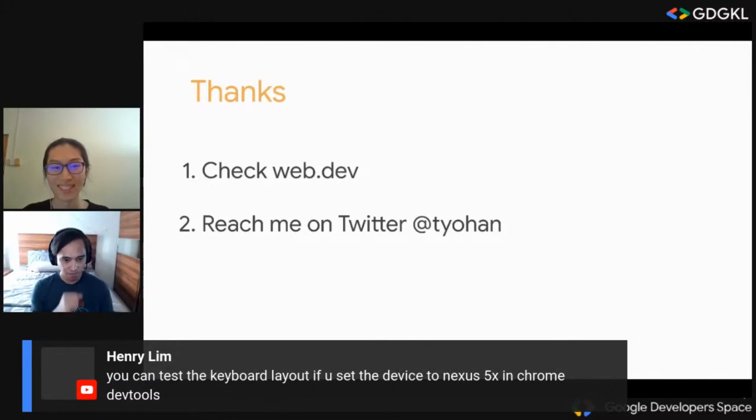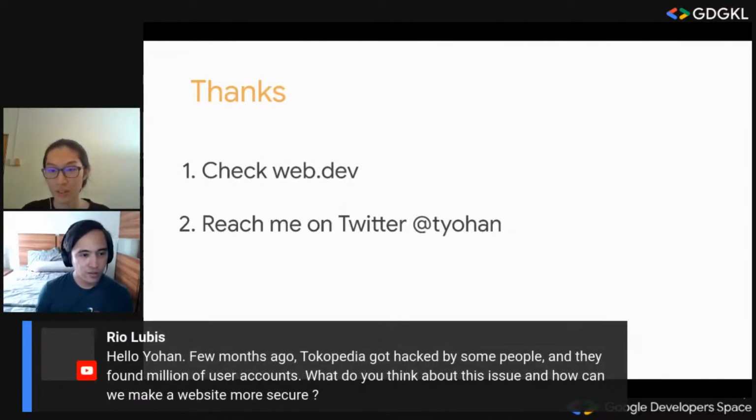A few months ago, Tokopedia got hacked by some people, and they found millions of users' data leaked. What about how we can make a website more secure? So this is what I think. I always consider that a website will always get hacked, because whenever I sign in to a website, I consider there is no way this website will always be safe.